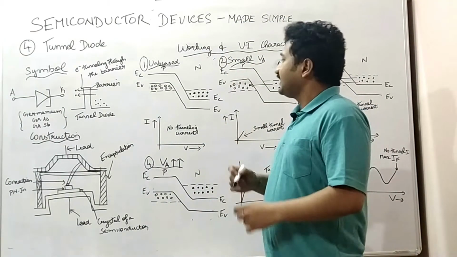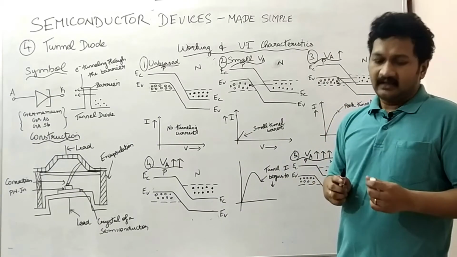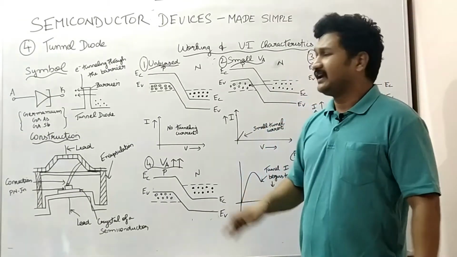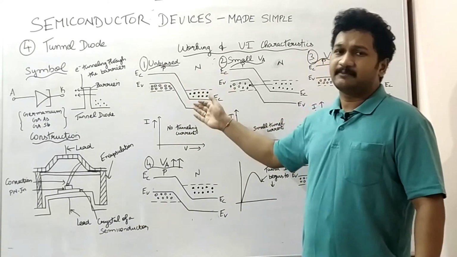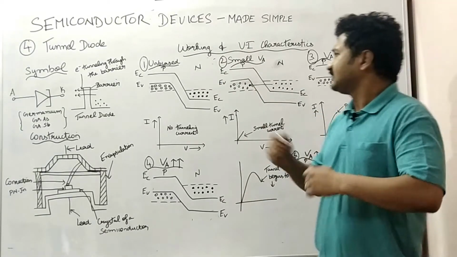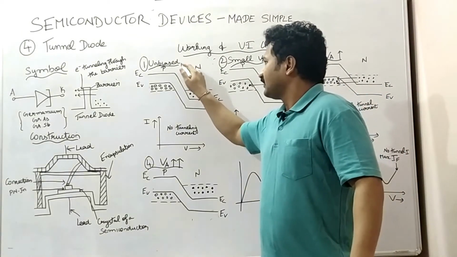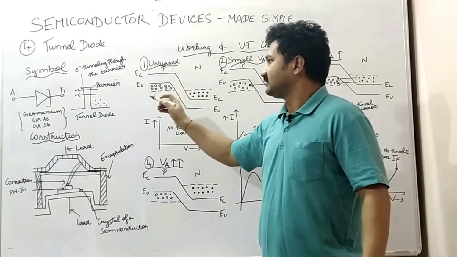When we come to the working and VA characteristics of a tunnel diode, there are 5 steps involved. In these 5 steps, we are going to see about the valence band and the conduction band of the holes and the electrons. Before going to the unbiased condition, I will explain the terminologies.